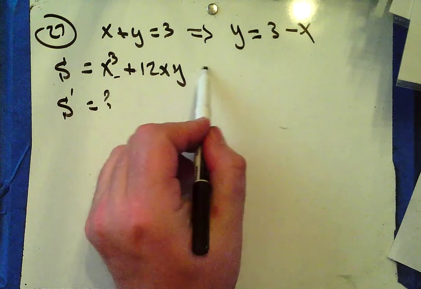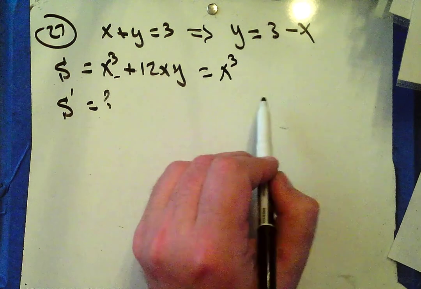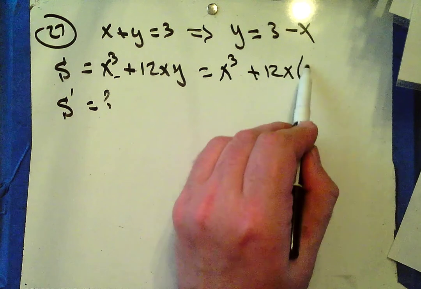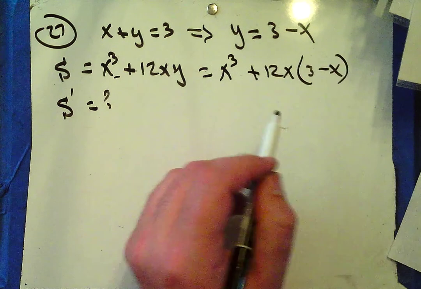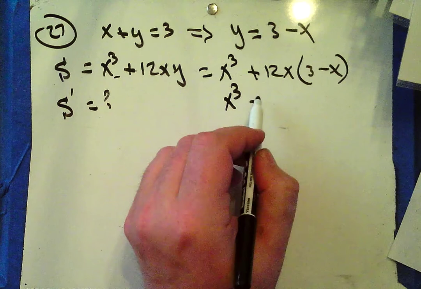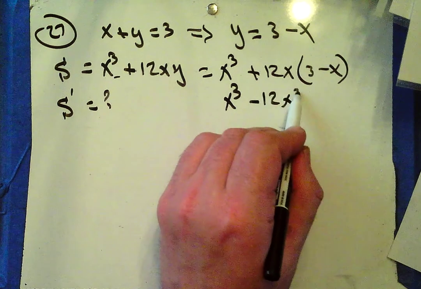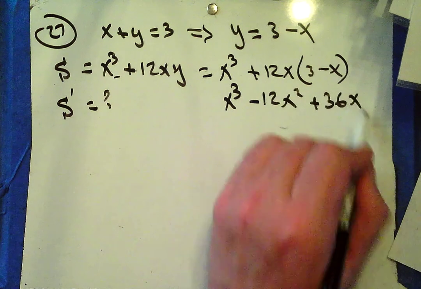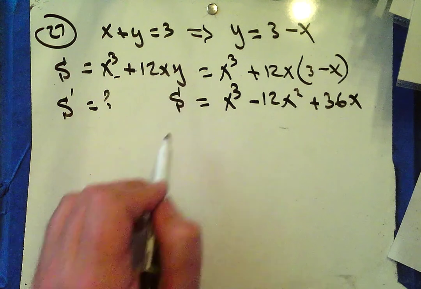So this becomes x to the third plus 12x times 3 minus x, or x to the third minus 12x squared plus 36x. That's my sum function.